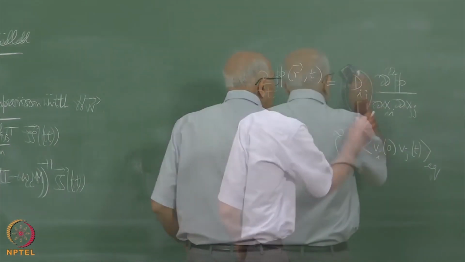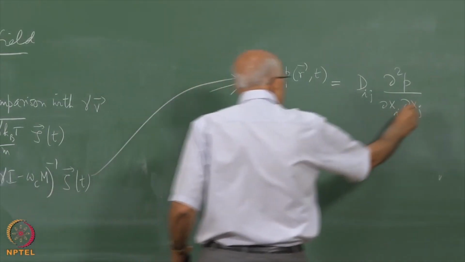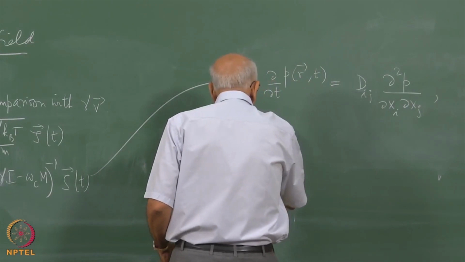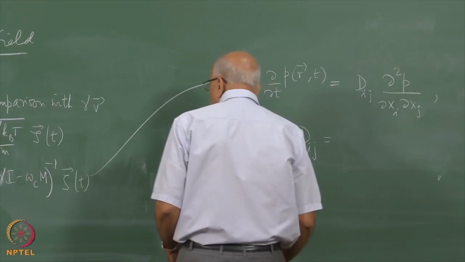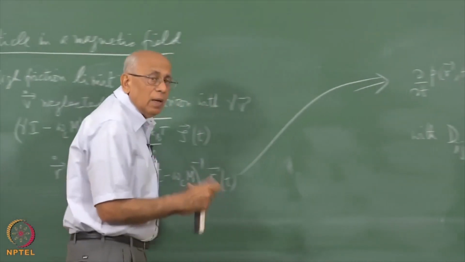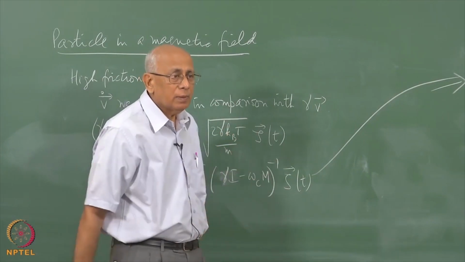And what is dij? So this equation implies this, with dij equal to 1/2 g times g transpose, and the ijth element of it.